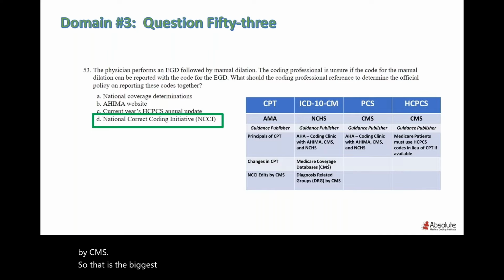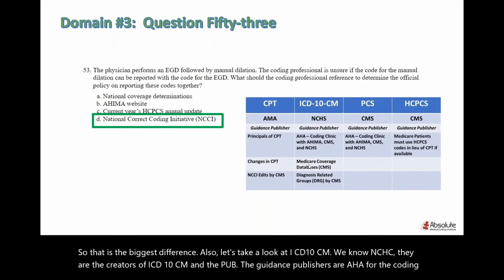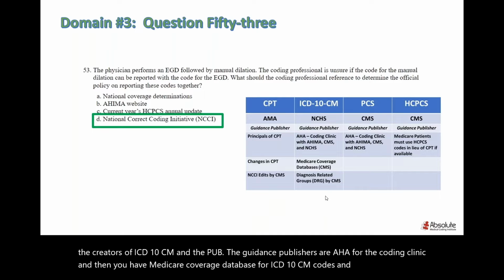Also, let's take a look at ICD-10-CM. We know NCHS, they are the creators of ICD-10-CM. And the guidance publishers are AHA for the Coding Clinic. And then you have Medicare Coverage Database for ICD-10-CM codes, and also DRG if you're inpatient.